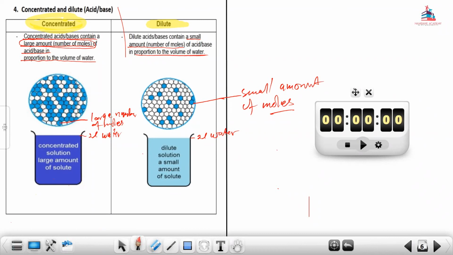For now, it's just a matter of comparing and knowing when it is concentrated and when it is dilute. The calculating will come as a base foundation of us knowing the calculations and the information we have.